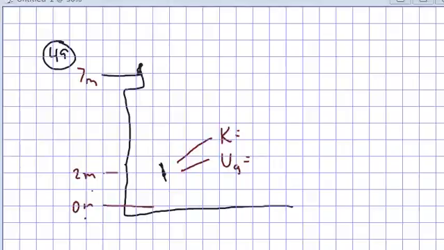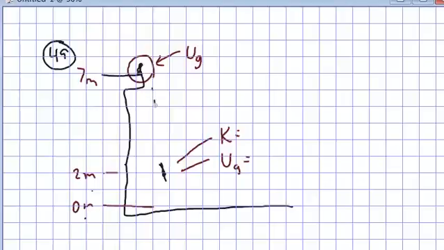In the last question that we will discuss here, question 49, you are asked to find the kinetic and potential energy of a diver at a height of 2 meters above the water. This again is a conservation of energy type problem. Take a look up here. You should see only one kind of energy, potential energy of gravity.